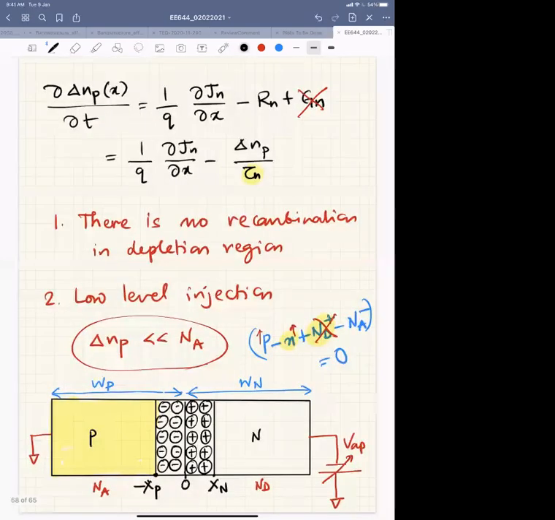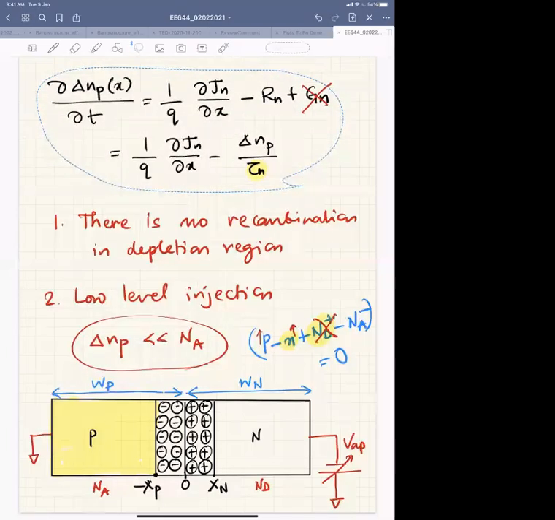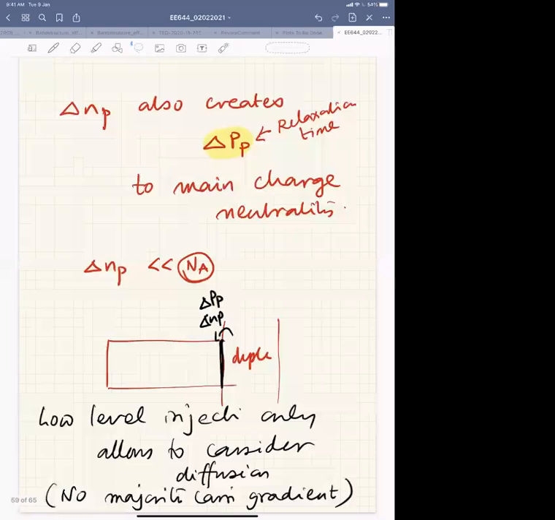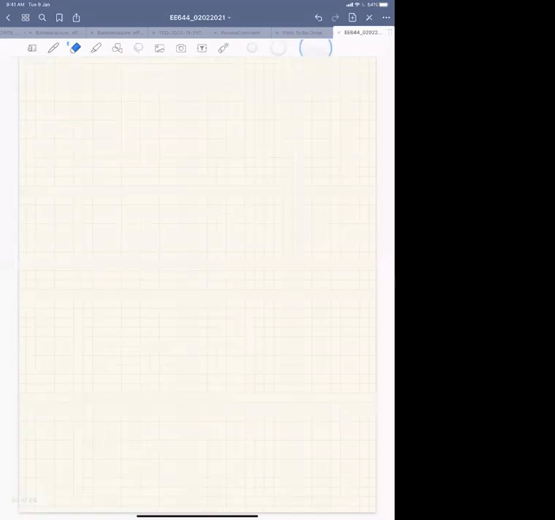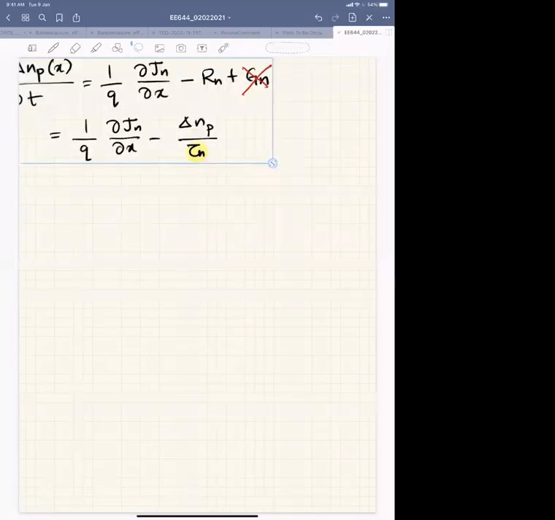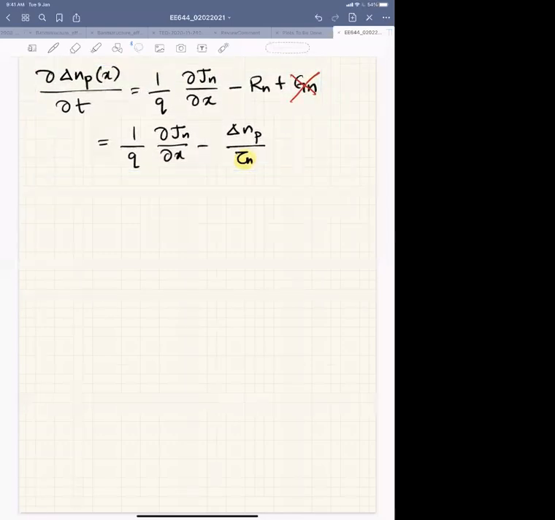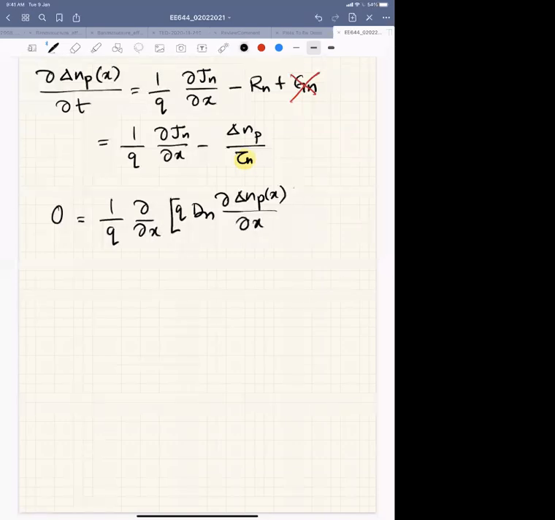Okay. Now, in the steady state, I could write 1 by q del by dx. I am considering only diffusion.